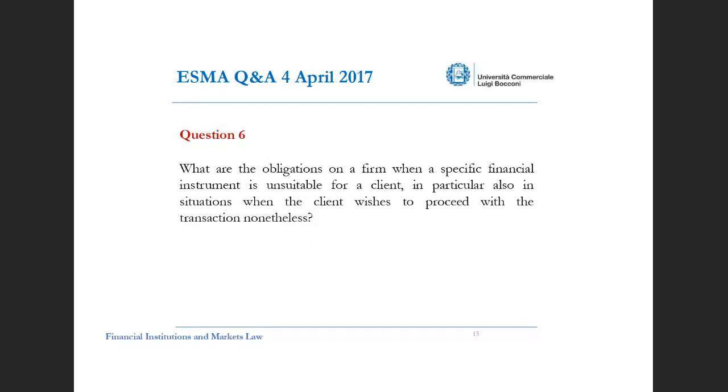Now let's take a look. I think this is interesting because under MiFID we have quite a comprehensive set of Q&As that you find on ESMA's website. And by the way, on ESMA's website you find a lot of information on suitability and appropriateness, guidelines, different levels of guidelines, and also various Q&As.